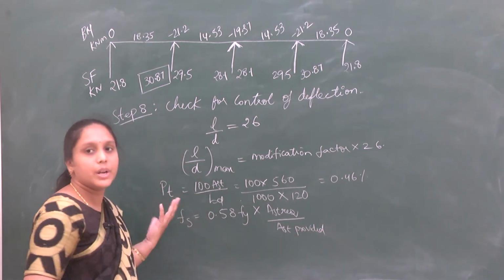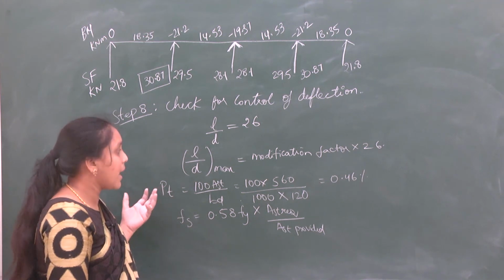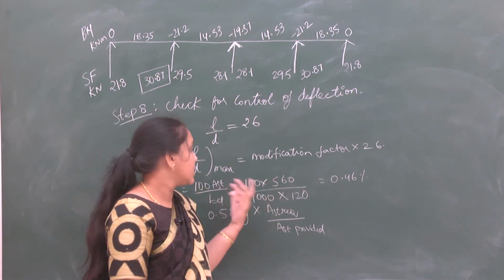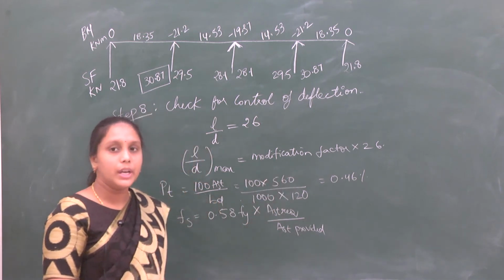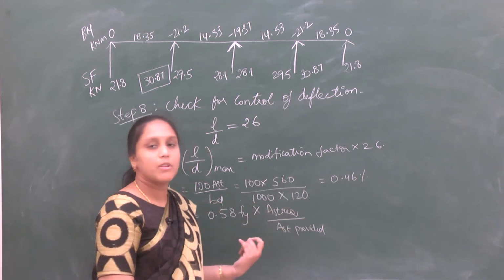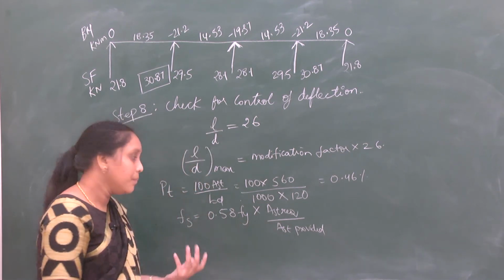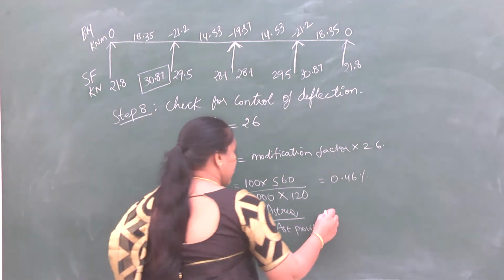We have got the AST required for the maximum bending moment as 540 mm square, and the AST provided will be 560 mm square. So substitute all the values here.